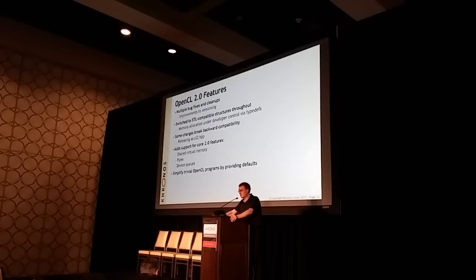Then, of course, we've added the OpenCL 2 core features. So we have SVM support, we have the pipes, and we have device queues. And it also simplifies trivial OpenCL programs. This is important for those of us who are trying to teach OpenCL, and we don't like the fact that a simple OpenCL program is 100 lines of code or whatever, by providing defaults for functionality.